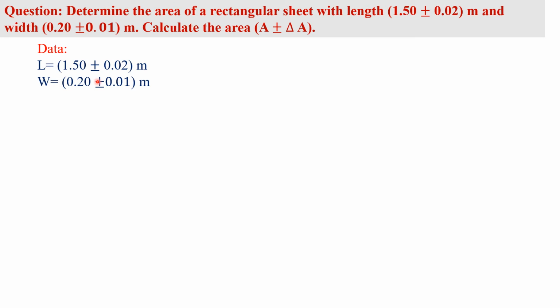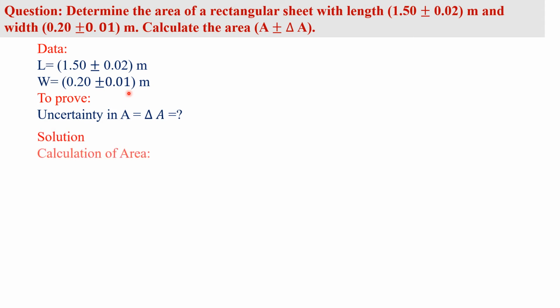Here 0.20 is the measured value of width of the rectangular sheet and plus minus 0.01 is the absolute uncertainty in width. We have to calculate area and uncertainty in area. These types of problems we have already discussed in previous lectures and you have an idea of it.